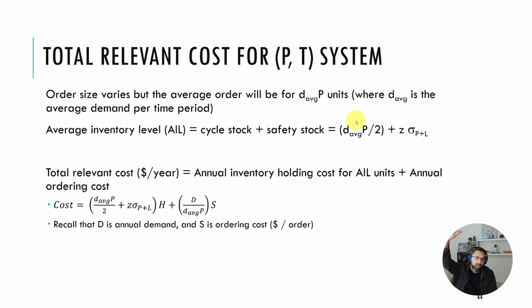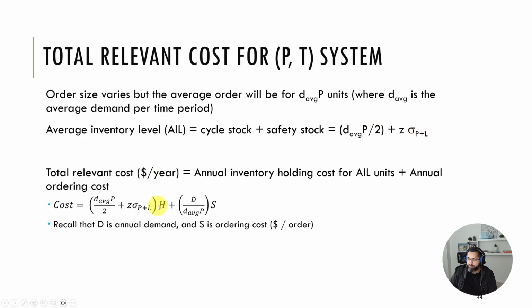Then you'll go back up, then you'll fall down by D times P like that, right? And so the cycle stock is going to be D average times P over 2. Okay, so that's on average the cycle stock plus the safety stock. That's your average inventory level.